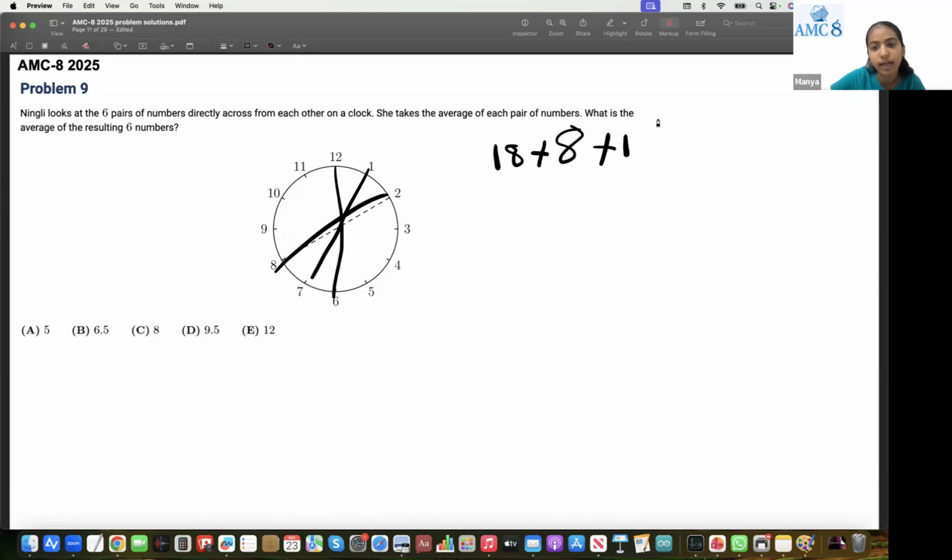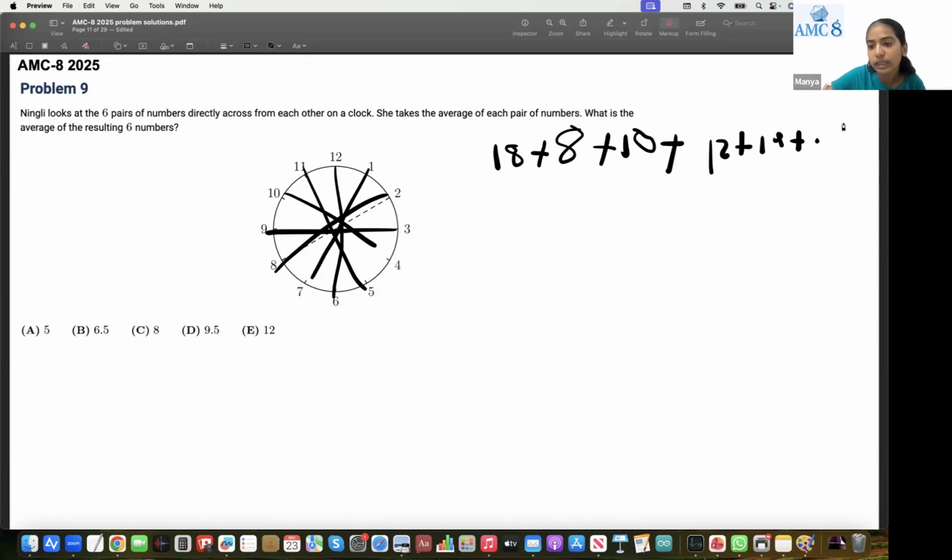That will be giving us 10. 3 and 9 will be giving us 12. We can go to 10 and 4, which will be giving us 14. And finally, we can go to 11 and 5, which will be giving us 16.